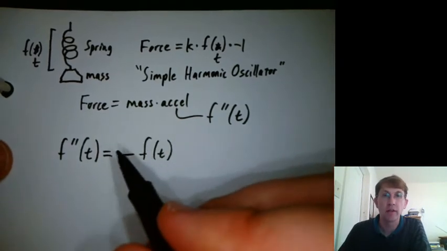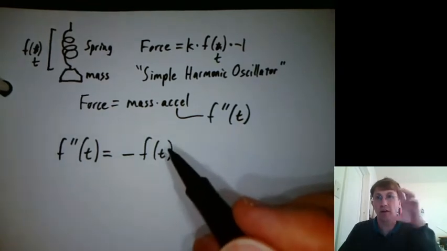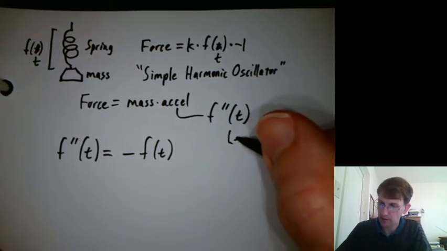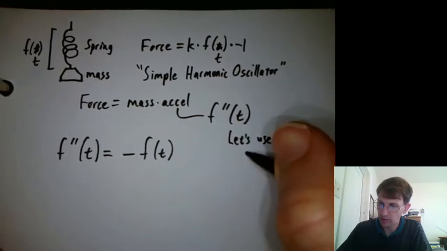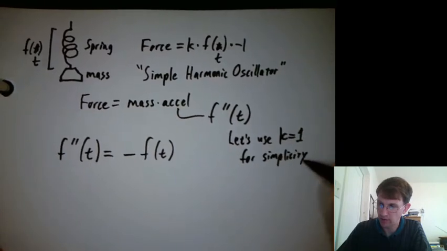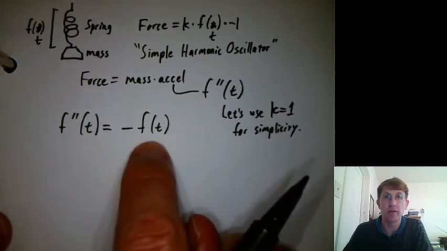So we're saying that basically the acceleration is the negative of how stretched out or compressed the spring is. So we're saying let's use k equals 1 for simplicity. So we want to solve that differential equation.